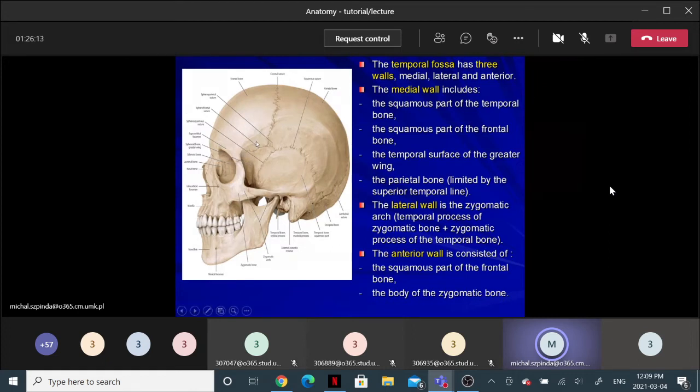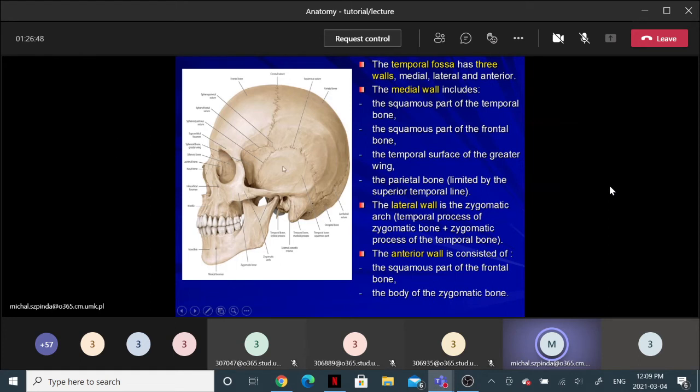So the medial wall of the temporal fossa is composed of temporal squama, greater wing, its temporal surface, frontal squama, its temporal surface, and lowermost parts of the parietal bone.